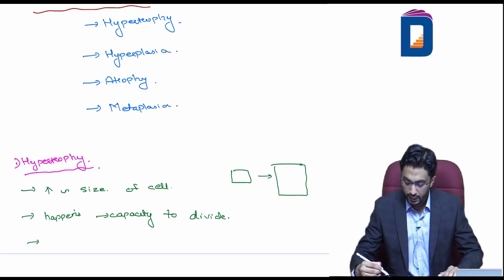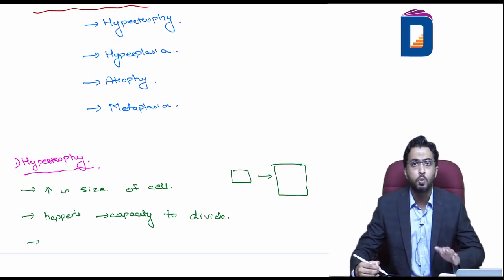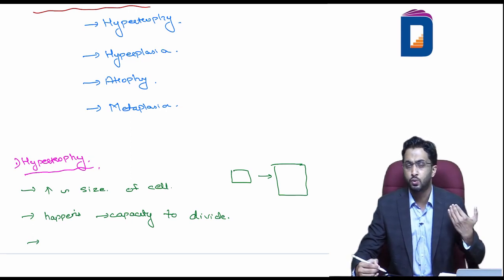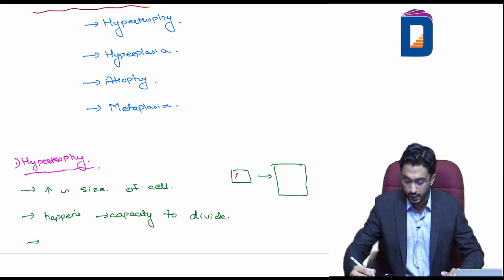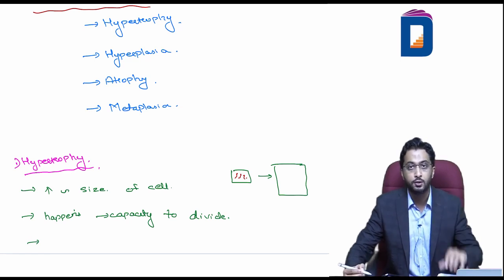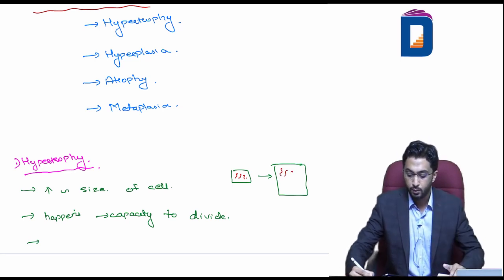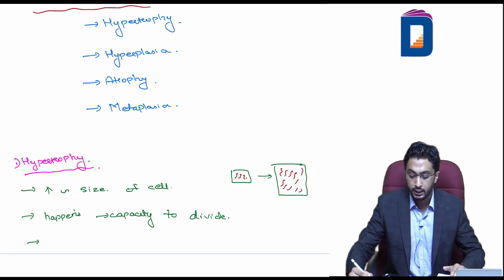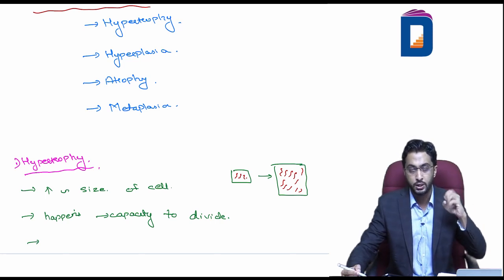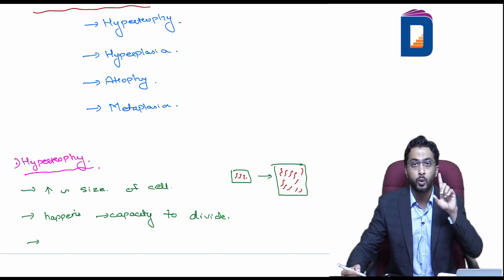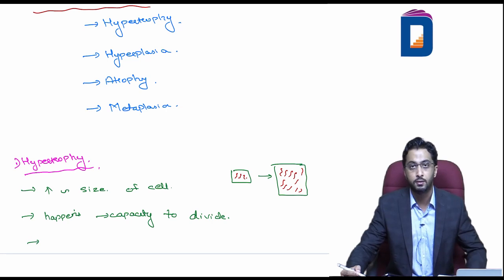And in hypertrophy, there is not much increase in number of cells, or not at all. But another difference you have to notice is that the protein content of this smaller cell is lesser, while the protein content in a hypertrophic cell increases.